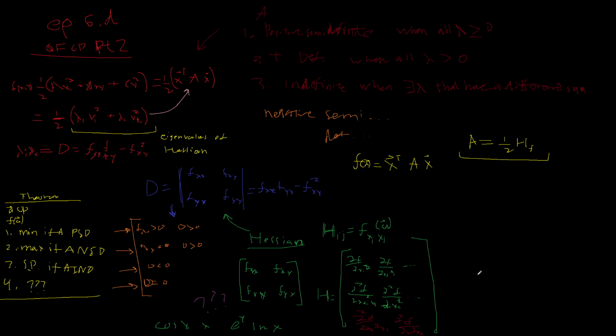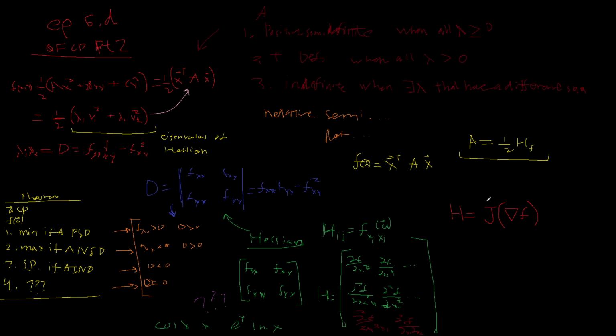The Hessian is equal to the Jacobian, the total derivative, of the gradient of f. If you remember, the Jacobian acts on vector functions, and the gradient of f is a vector function.